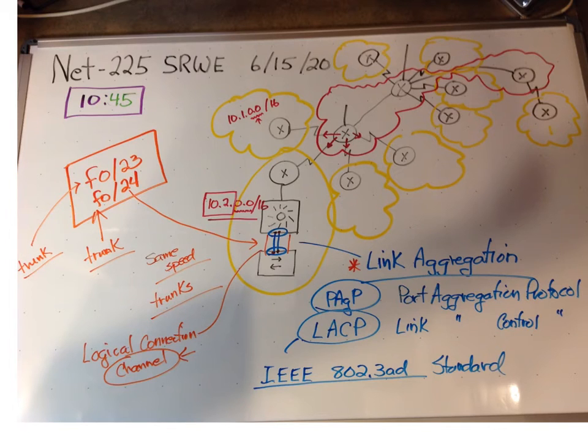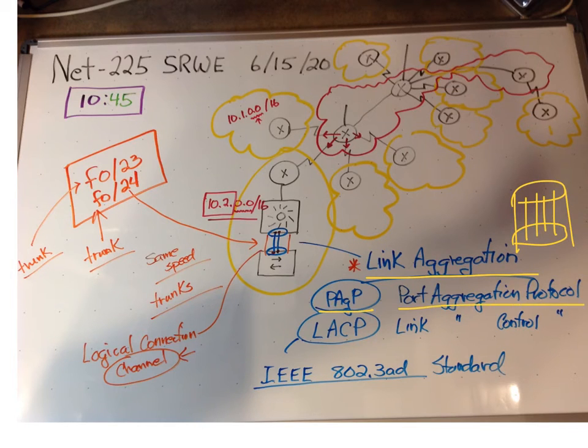Then we talked about EtherChannel. Link aggregation. We can take physical links and aggregate them to appear as one link using some type of group channel. And there's a couple of protocols you can use.